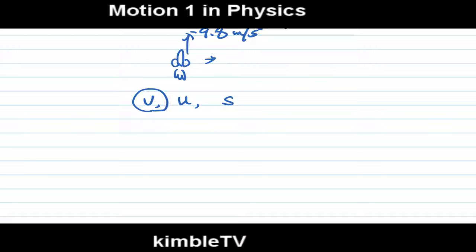This kind of formula can be found from the basic acceleration formula of v equals u plus at, or a is equal to final velocity minus initial velocity over time taken. This is the same.